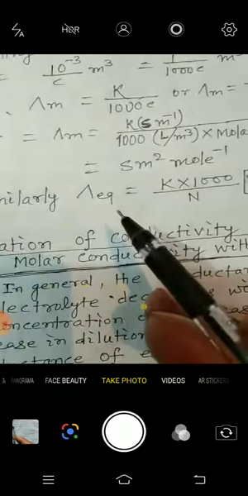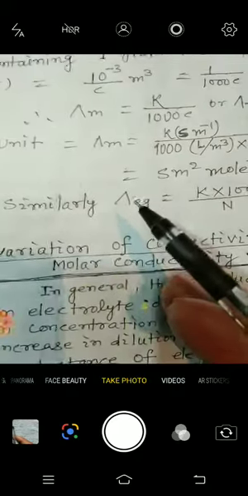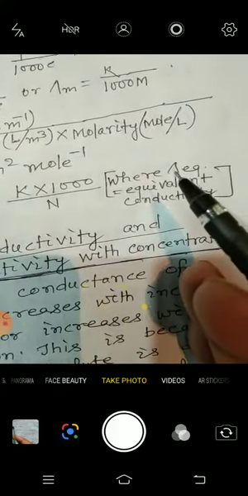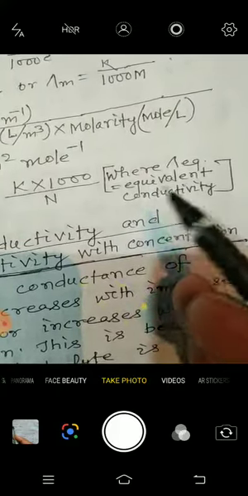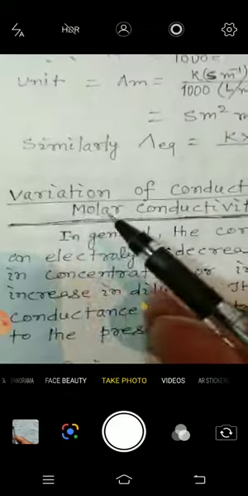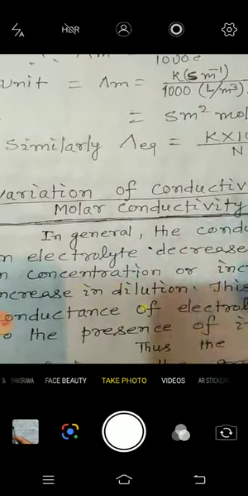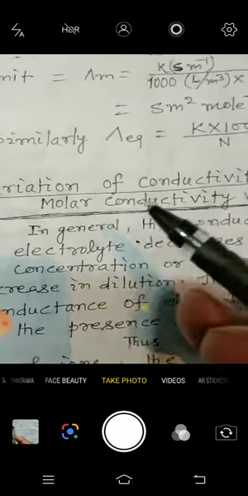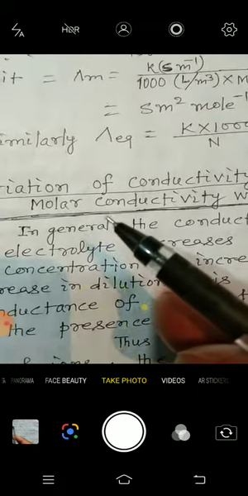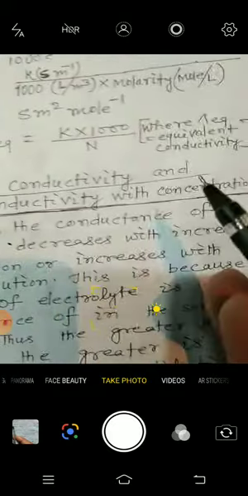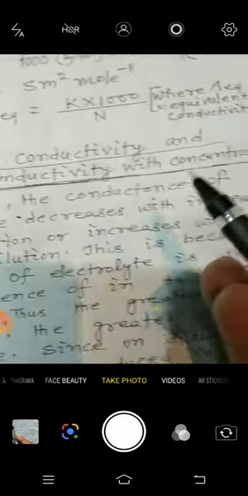Similarly, the equivalent conductivity can be related like this, where lambda EQ is the equivalent conductivity and N is the normality. Now there is a very important topic of this chapter, from which a question is always asked: the variation of conductivity and molar conductivity with concentration.